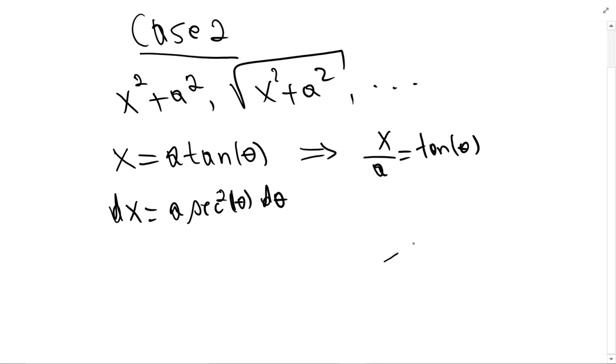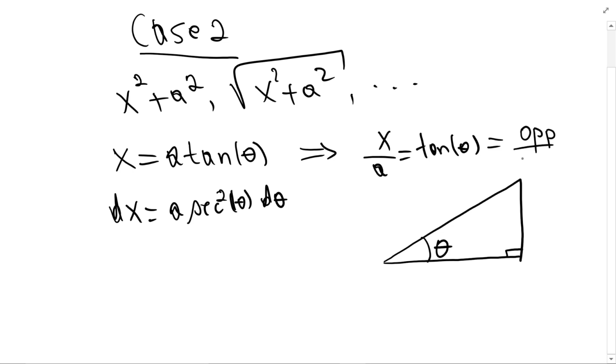Now the right triangle is this. This angle is theta. By definition, tangent is the opposite divided by the adjacent side. So the opposite side is x, the adjacent side is a.